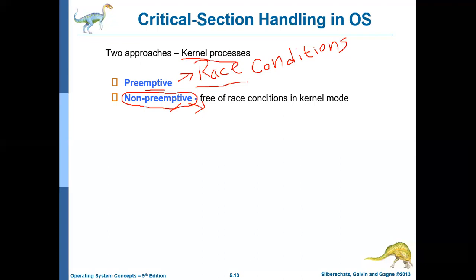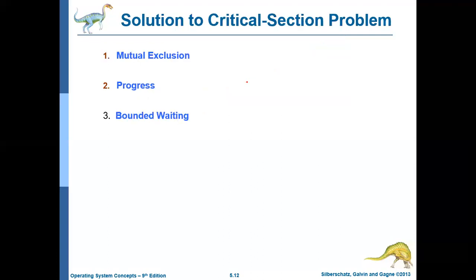And then we discussed a small solution to ensure data consistency. And then we discussed, if you want to propose a solution for the critical section problem, what conditions are to be satisfied. So basically there are three conditions: mutual exclusion, progress, and bounded waiting. Mutual exclusion means if one process is in the critical section, then other processes should not be allowed to enter the critical section.